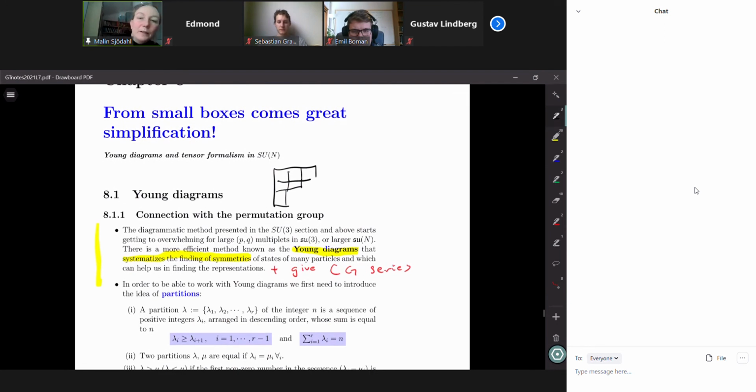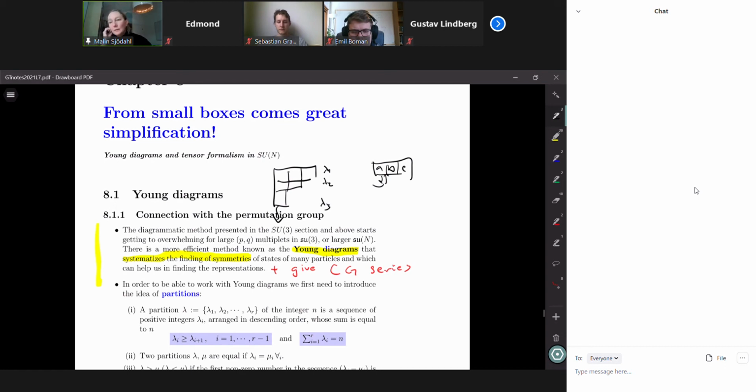So I will then have lambda 1 boxes here, lambda 2 boxes here, lambda 3 boxes here, and so on. If I put in labelings in them, A, B, C, D, etc., then I have a Young tableau. And the point of the Young diagrams and tableaus is that they help us to construct the states, and they help us to take direct products of representations.